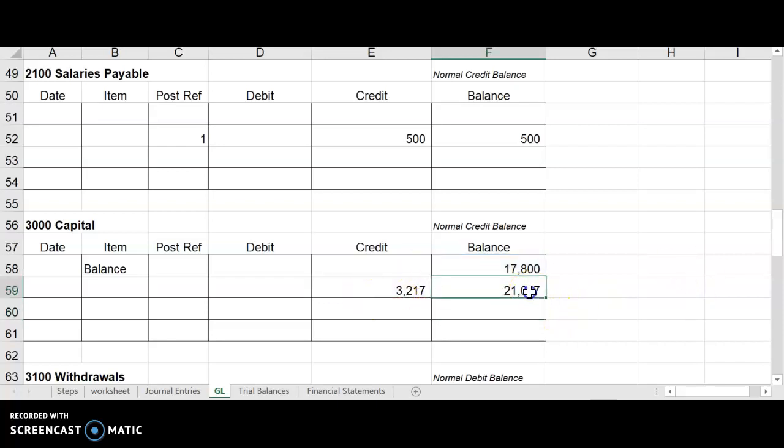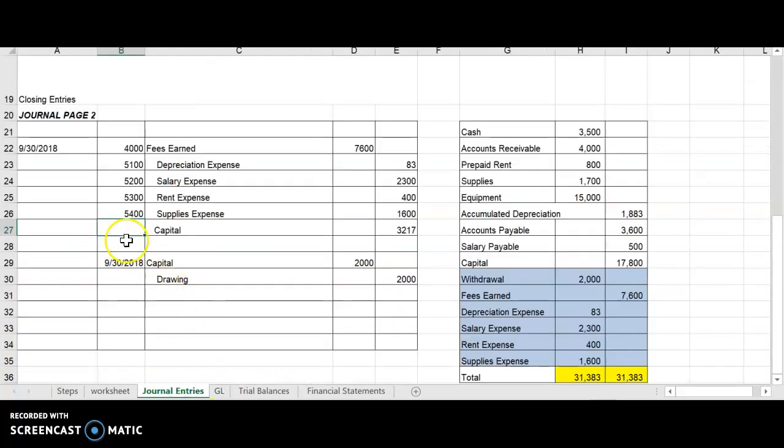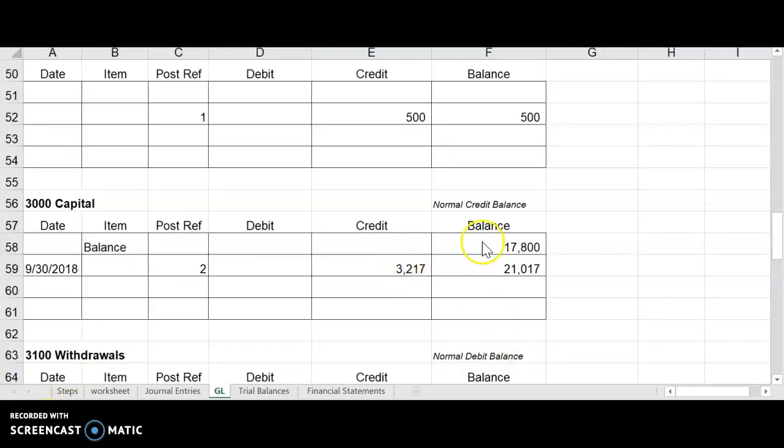So our new balance is $21,017, and this journal entry came from page 2, and it's going to account number 3,000. So notice that increased capital. Now capital is different from the others because we're closing all of our information to capital. So we do not zero out capital.